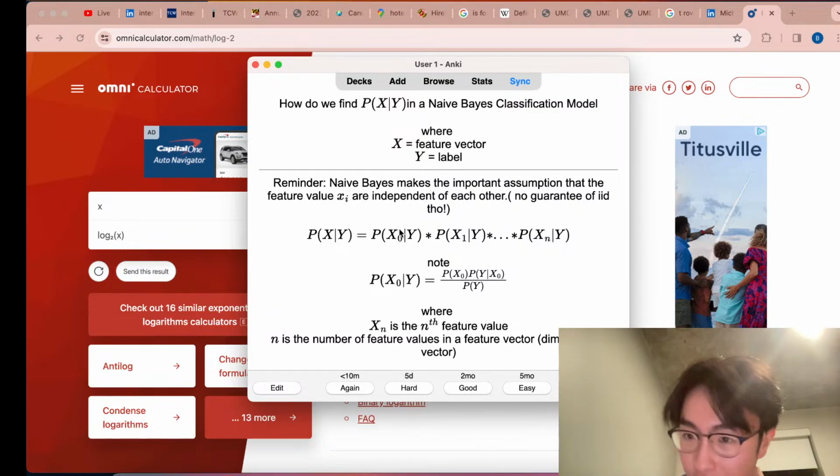Right, so this is what I meant by you're just multiplying these different probabilities together. Although, yeah, xn is the nth feature value, n is the number of feature values in a feature vector. Okay, yeah, this was definitely harder. Yeah, I'll do hard.